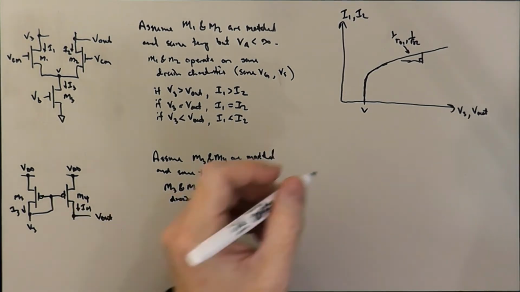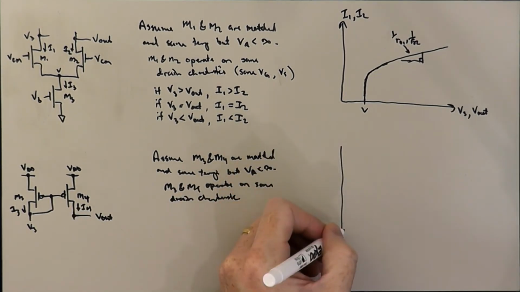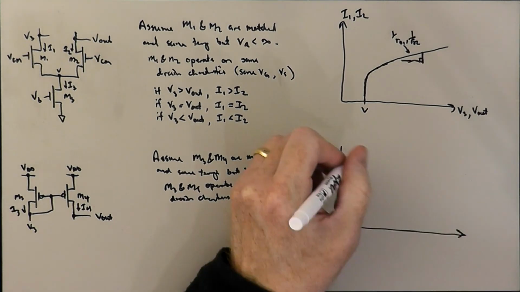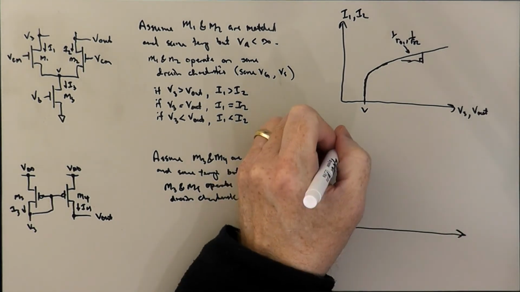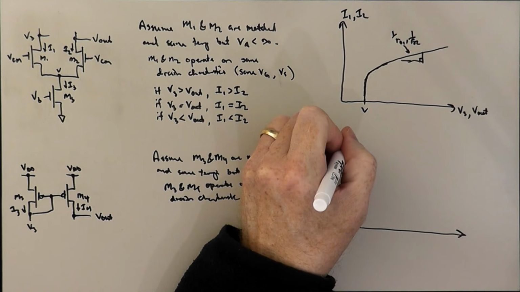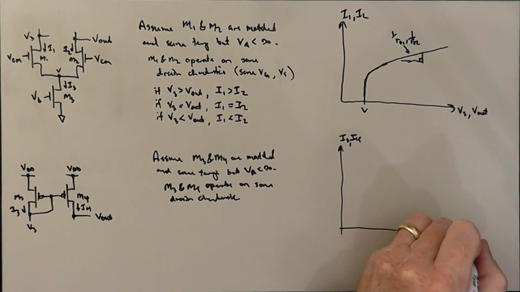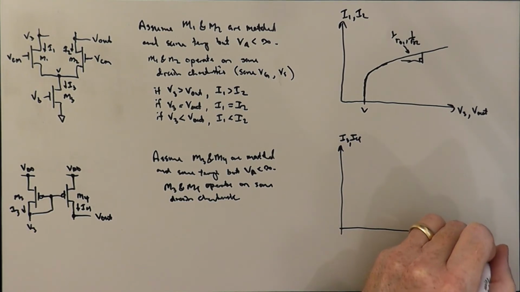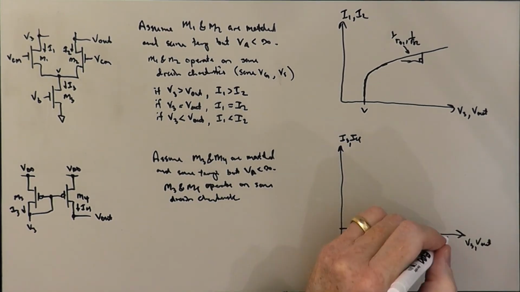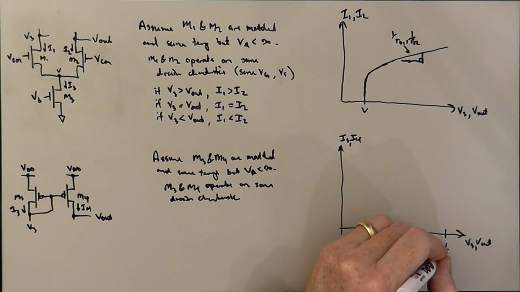And so if I were to plot their drain characteristic, it would be a PMOS drain characteristic. Right? So we know what those look like from lab 5. So we have I3 and I4 as a function again of, let's say, V3 and V out. And up here we have VDD somewhere.